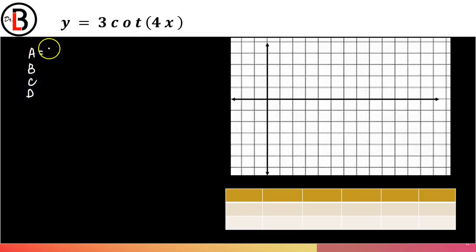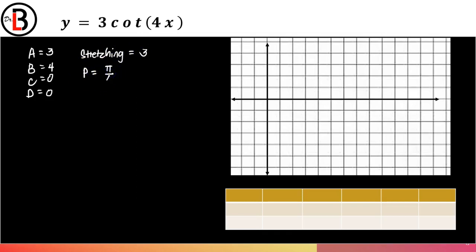So in this case, a is 3, b is 4, c is 0, and d is 0. So that means for the stretching, you have the absolute value of 3, or simply 3, and then the period is the same as the tangent, pi over b.